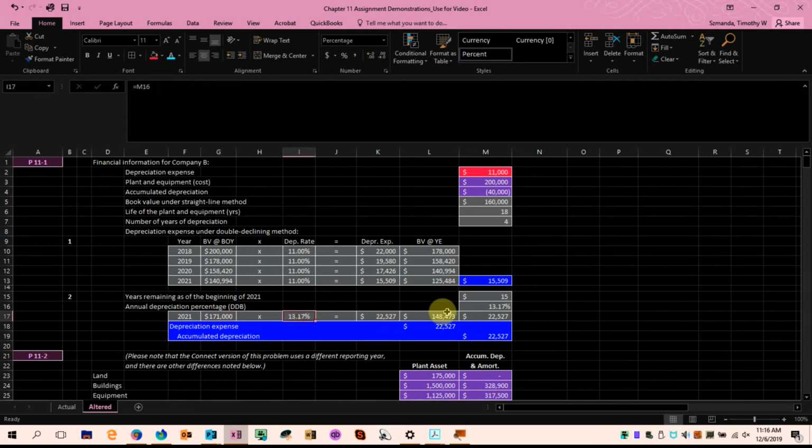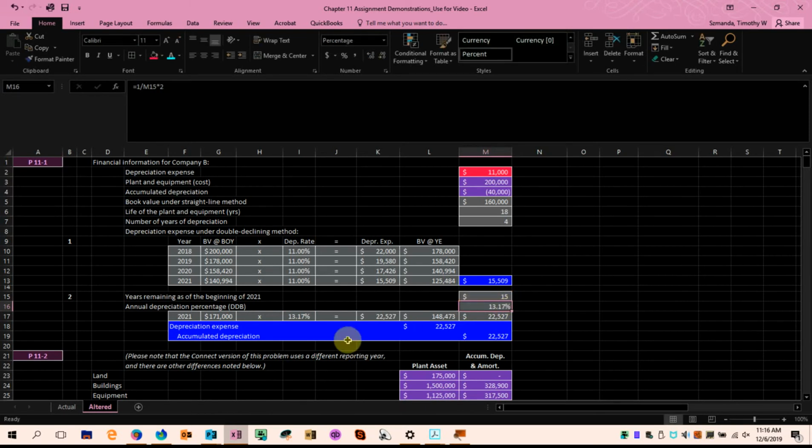Now, how do we get the 13.17%? Well, if we have 15 years remaining on the life of this asset, we'll just take 1/15 times 2. And that's what I did. I calculated here, 1/15 times 2.